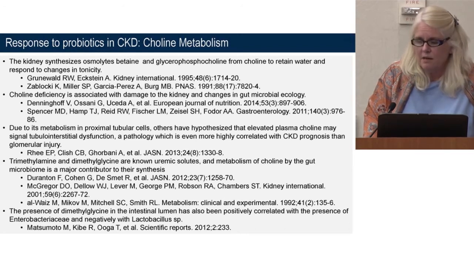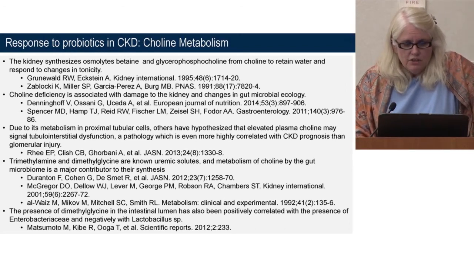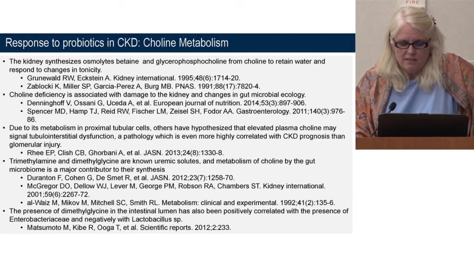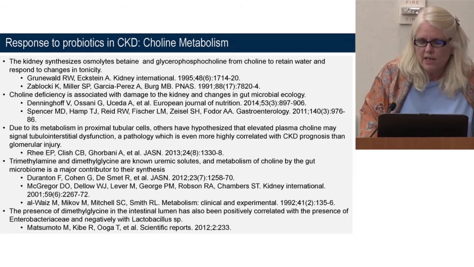There were a lot of metabolites that we saw were related to gut metabolism in there. Due to its metabolism in proximal tubular cells, others have hypothesized that elevated plasma choline may signal tubular interstitial dysfunction, a pathology which is even more highly correlated with chronic kidney prognosis than glomerular injury.